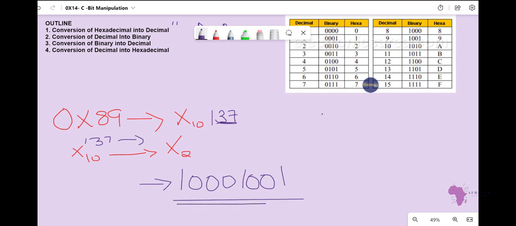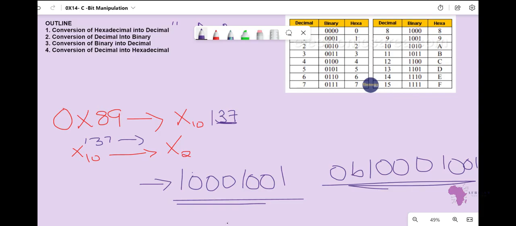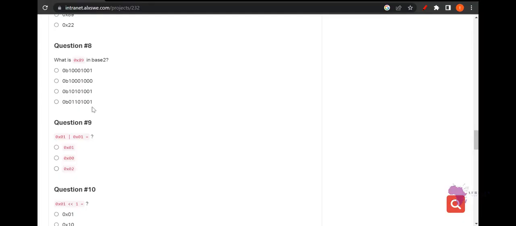But remember binary notation. So we'll have 0b, and then this number, 10001001. That will be our answer. Let's check. Yes, so this one is the first one here.